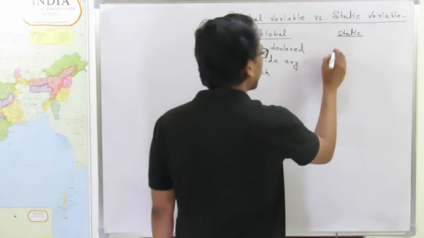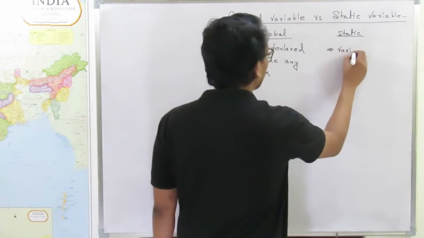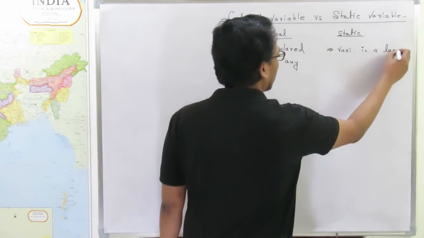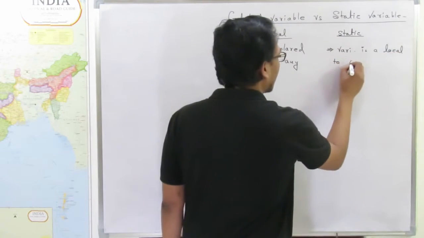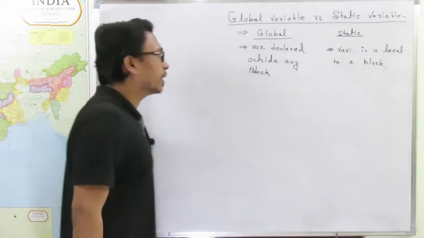But in case of static variable, it is local to a block. Clear?